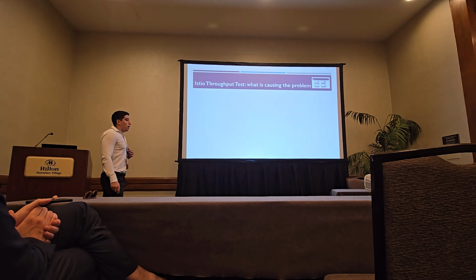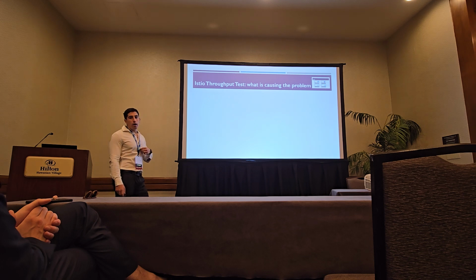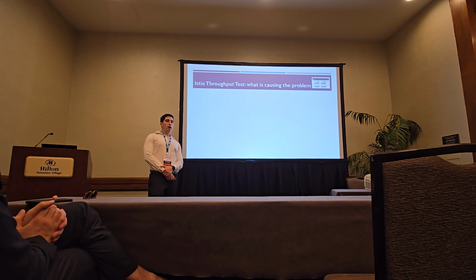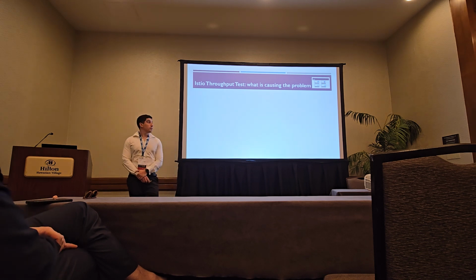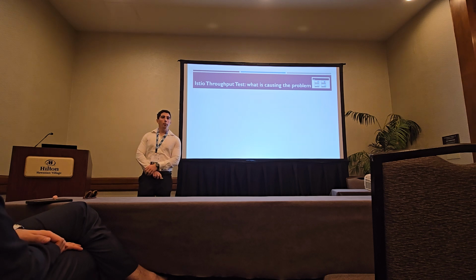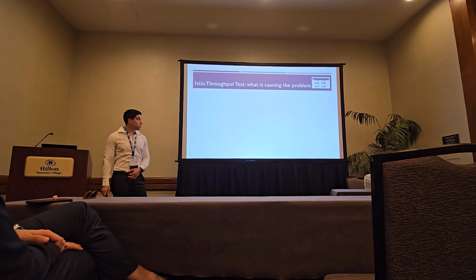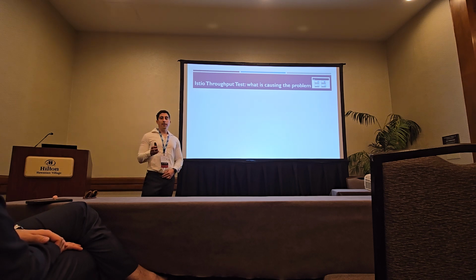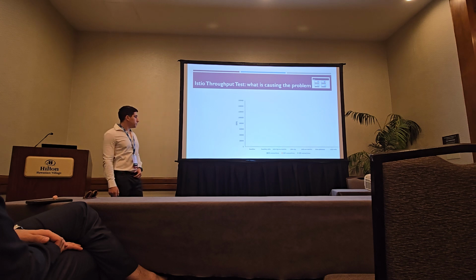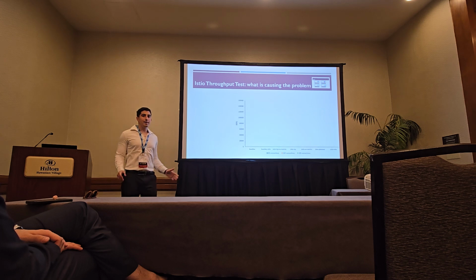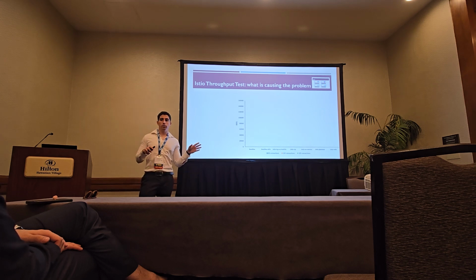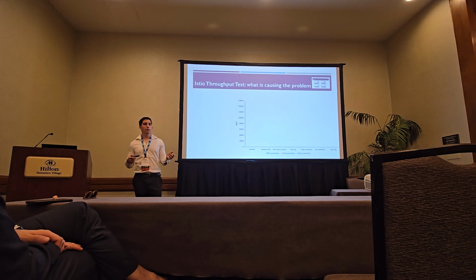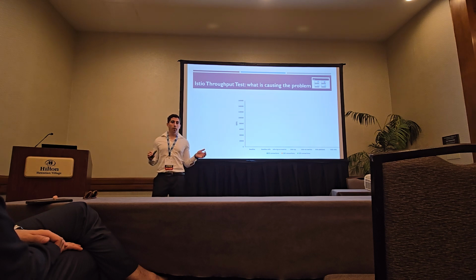So we wanted to understand the significant overhead of Istio, one of the most popular service meshes. So we came up with another test. In this test, we disabled each feature of Istio, and we enabled them one by one to see which feature is causing the problem.